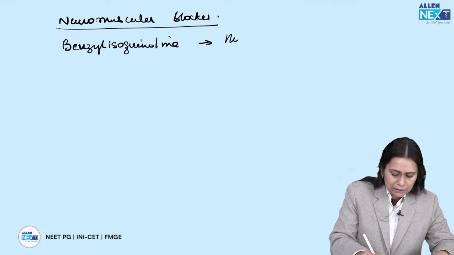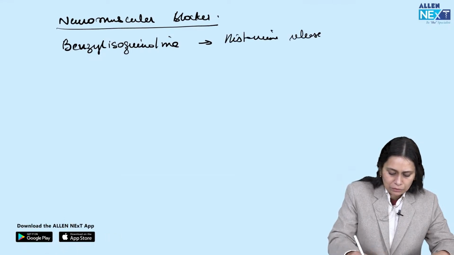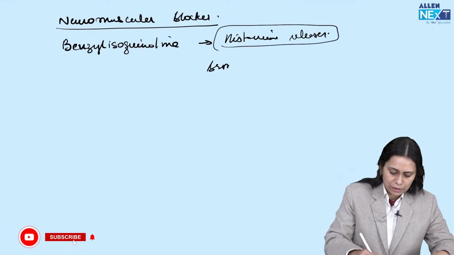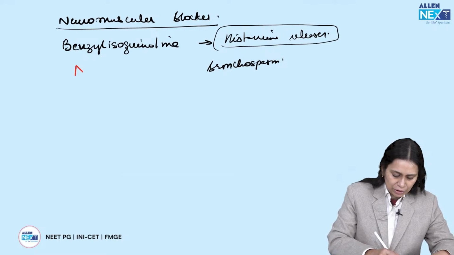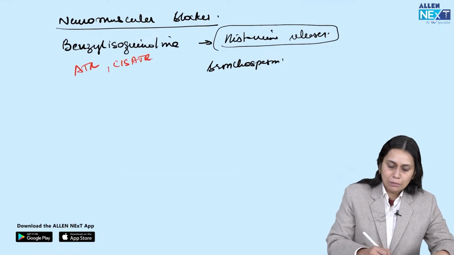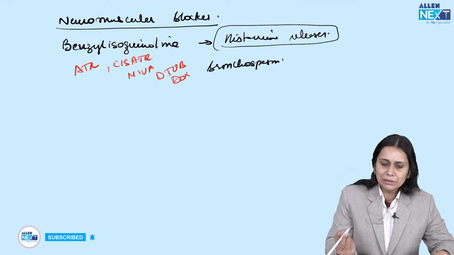These are histamine releasers. So this group can cause bronchospasm. Right? So what are the drugs belonging to this group? Atracurium, cisatracurium, right? Your mivacurium, right? Your D-tubocurare, your doxacurium, the curium ones, right?